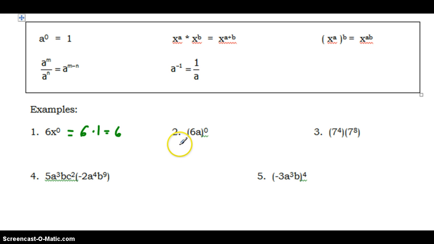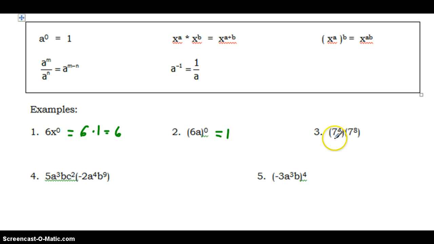Now, the difference with our example number 2 is 6a, the entire 6 times a is to the 0 power. So this whole 6a is to the 0 power, so this answer becomes 1, because the entire thing is to the 0 power. On number 3, we have an example just like our second rule.